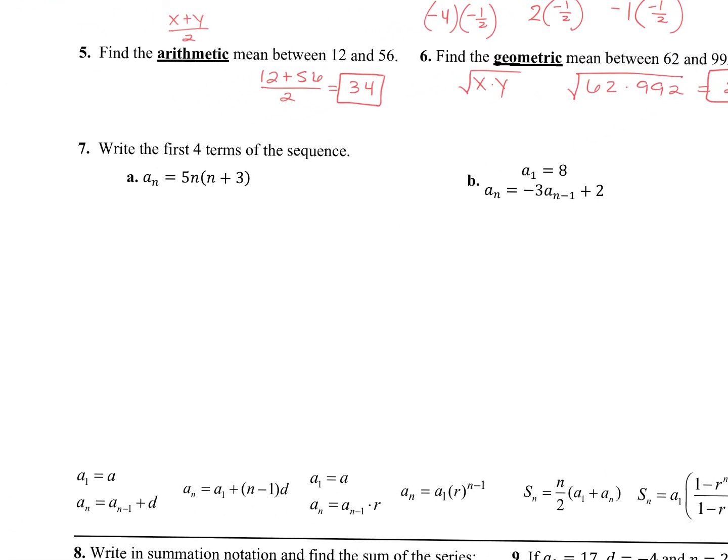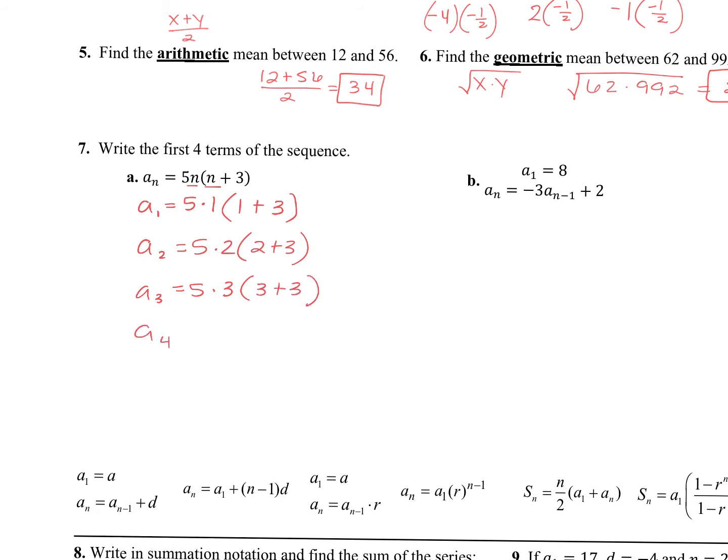All right, number 7, find the first 4 terms of the sequence. These are just going to be more plug and chug type problems. So my first term, a sub 1, is going to be 5 times 1 times 1 plus 3, right? I'm just plugging ones in place of my n's. My second term is going to be 5 times 2 plus 3. My third term is going to be 5 times 3 plus 3.